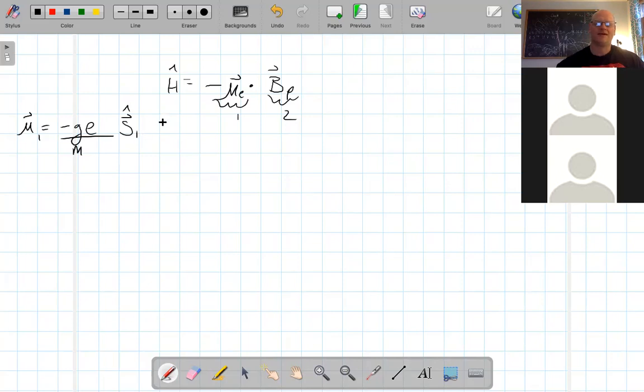So our Hamiltonian is equal to 2A divided by h bar squared times spin vector 1 dotted with spin vector 2. A is just some constant with units of energy, i.e. joules.